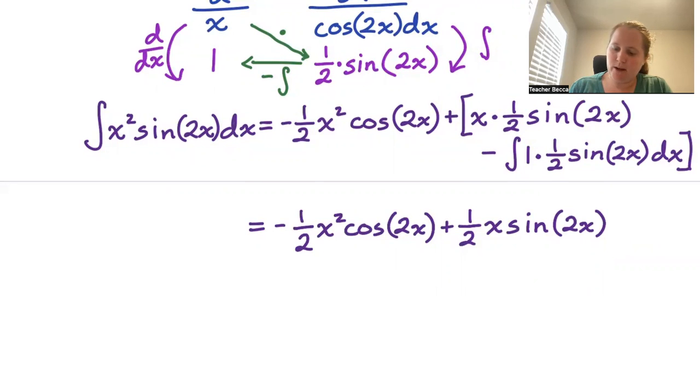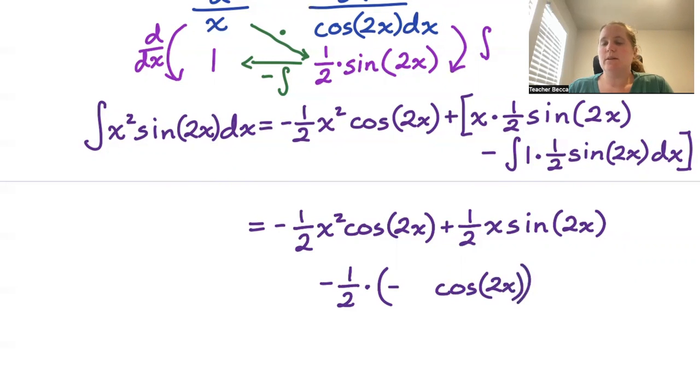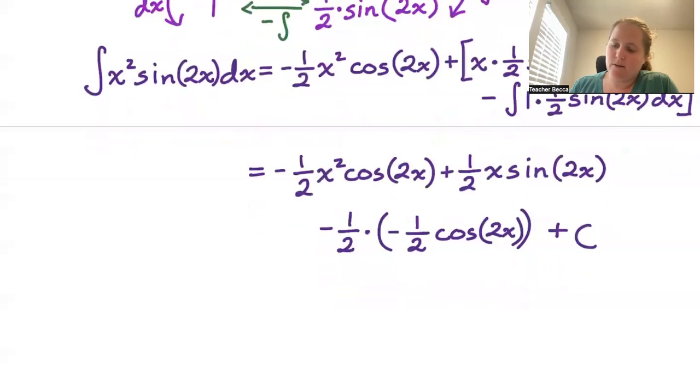So this becomes minus 1/2 times, we'll have a negative cosine of 2x, and then of course undoing that chain rule, we should have a 1/2 out front as well. So integral of sine of 2x is a negative 1/2 cosine of 2x. So that minus the integral of 1/2 sine of 2x dx becomes a negative 1/2 times negative 1/2 cosine of 2x. And then we have our plus c.